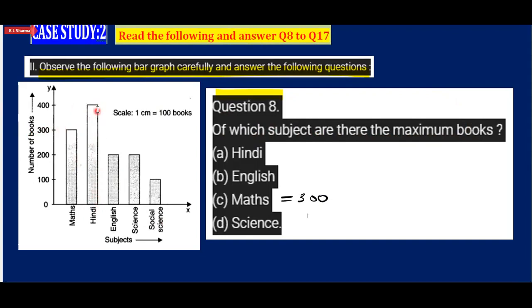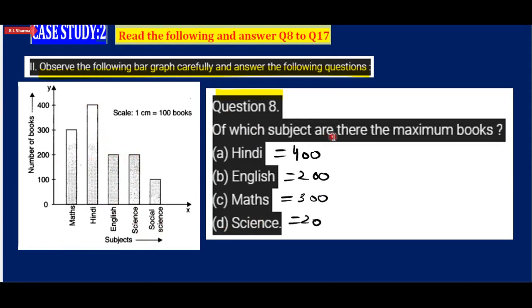And books of Hindi, these are 400. So Hindi books are 400. And now English books are 200. And then science books, that is 200.